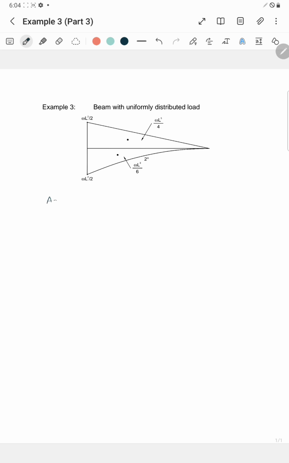So for the parameter AA, area times lever arm from left. So for the triangle, WL cube over 4 times its lever arm, the distance of its centroid from left is 1/3 of L. And then for the spandrel, negative, WL cube over 6 is the area, and times the lever arm, the distance of its centroid from left is 1/4 of L. So kapag second degree, distance from left is L over 4.